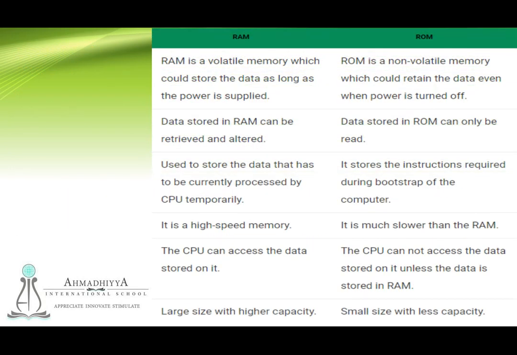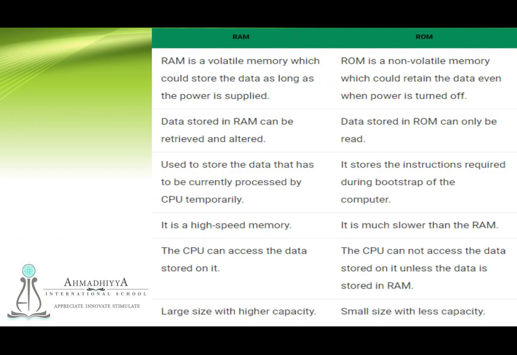Now it's time to see the differences between RAM and ROM. First, let me tell something about RAM. RAM is a volatile memory, meaning it loses its data when the power is switched off. But ROM is a non-volatile memory, meaning it will retain the data even when the power is switched off. Next, data in RAM can be modified.